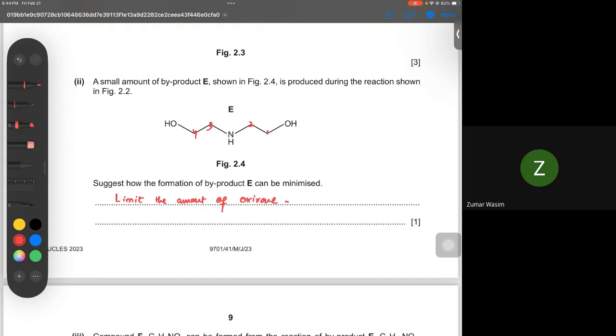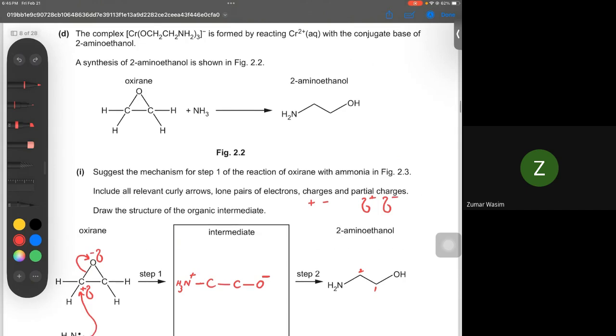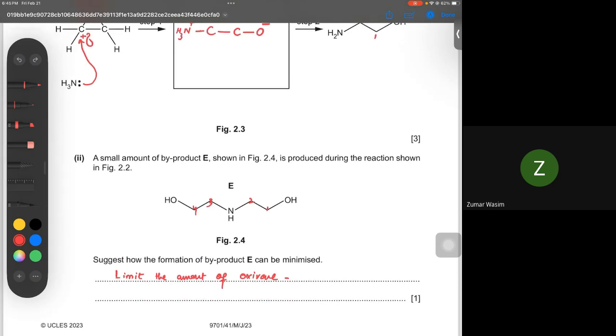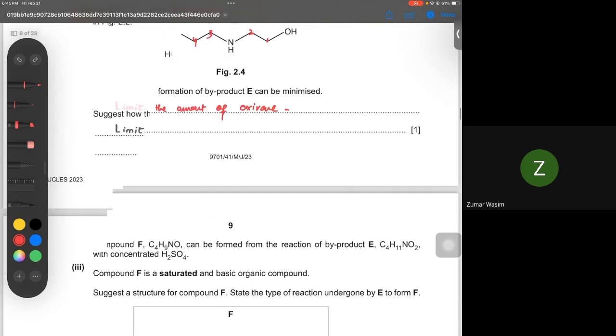You know, it's oxirane, which is a carbon containing species. This oxirane has been broken down to give you this product, right? So if you have limiting oxirane, how can I expect that it would be producing this product? When you have more oxirane, you will be getting this product. And if you have less oxirane, you won't be getting this product. That's why it's of 1 mark only.